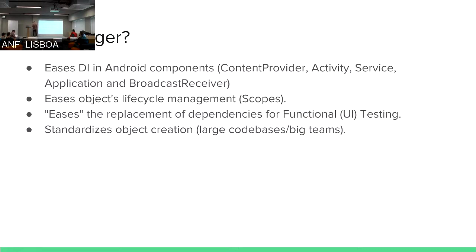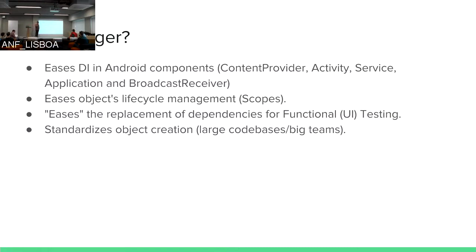I mean, we are not responsible in Android for instantiating the Android components. The OS does that for us. So we don't have access to that, and it's hard because of that to do dependency injection in Android. So Dagger solves this problem.